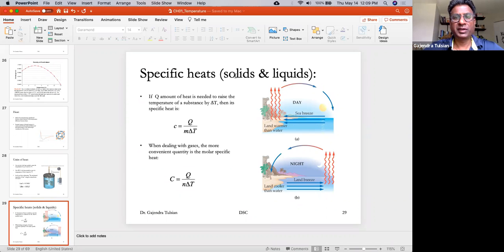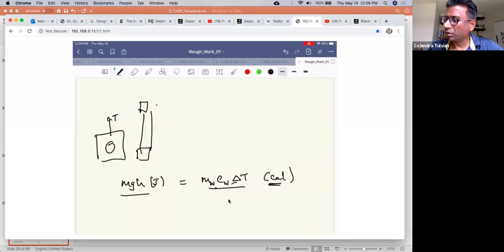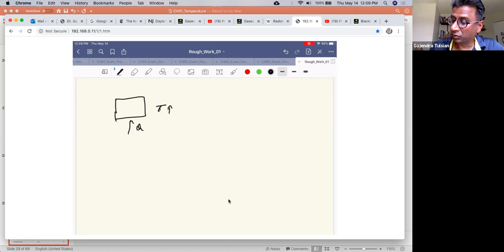Let's define specific heats. These are for solids and liquids. Here's a solid or liquid, and if you add heat to it, its temperature will rise. Okay. So when you add this much heat to an object, its temperature rises.